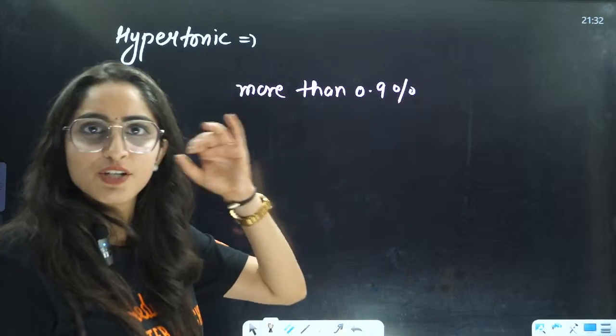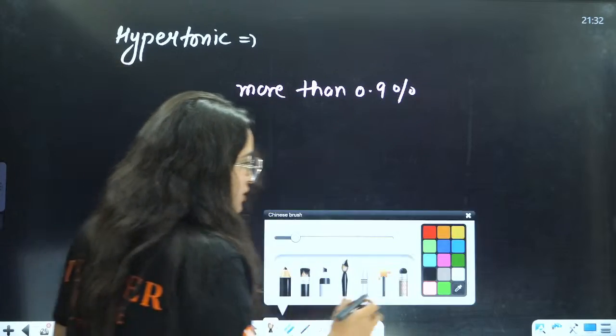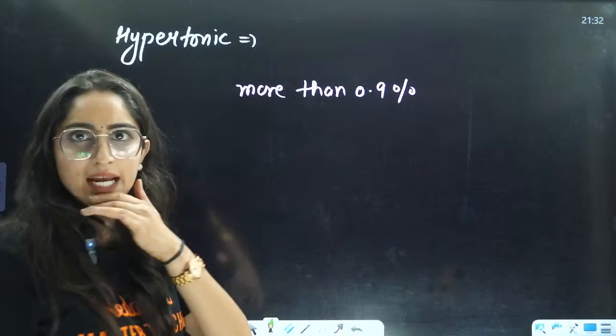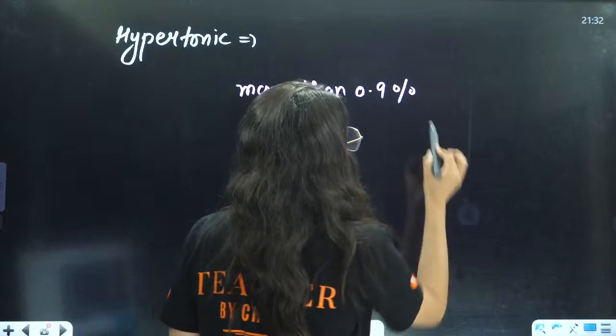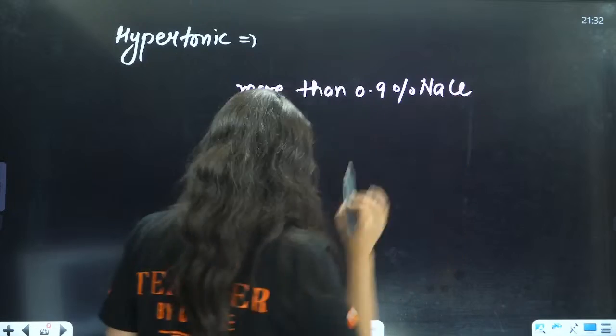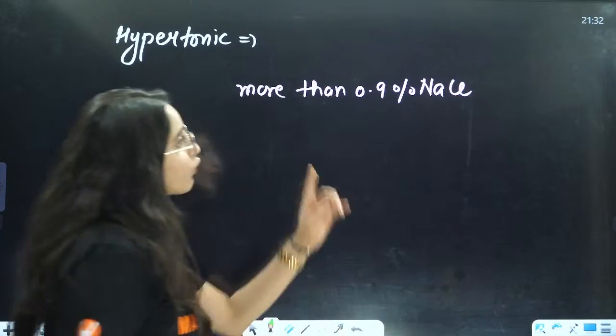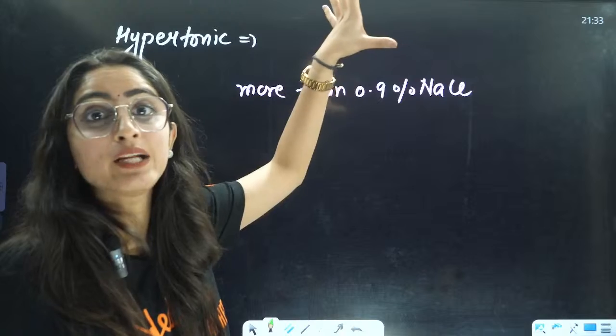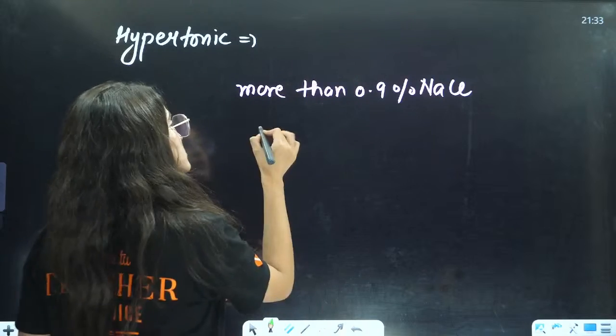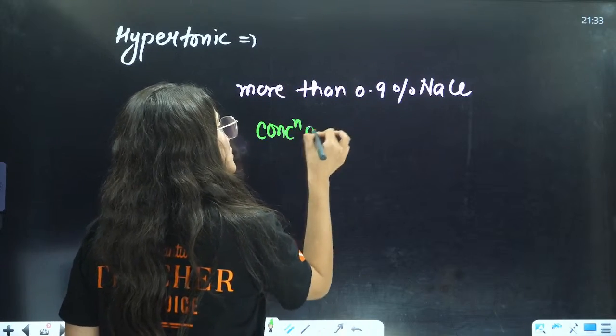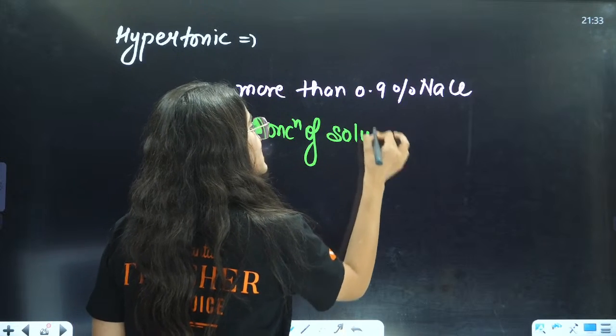Basically, this is the concentration. Concentration is solute by solvent. So, can I say that if the concentration is more than 0.9%, that means the concentration of solute has increased?